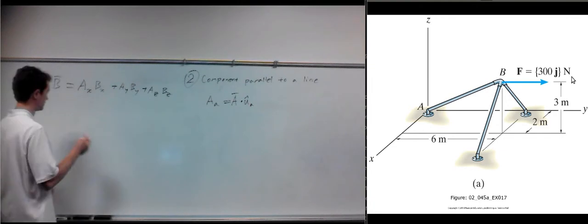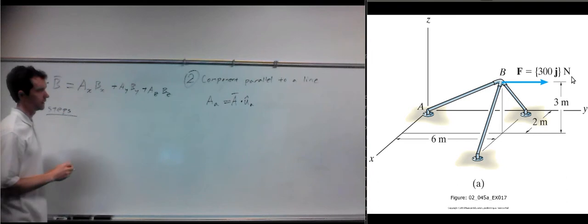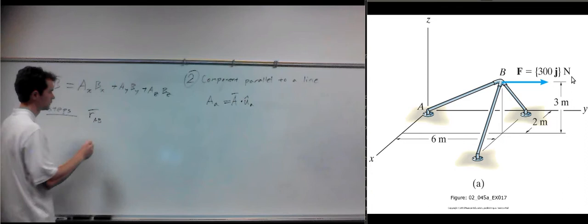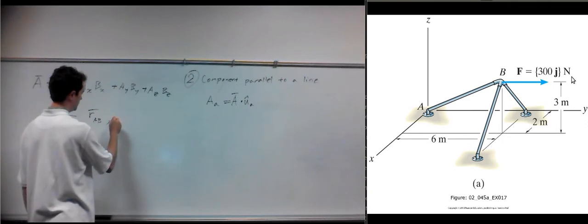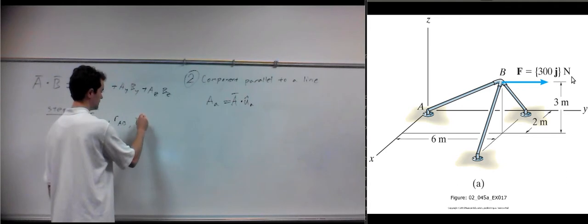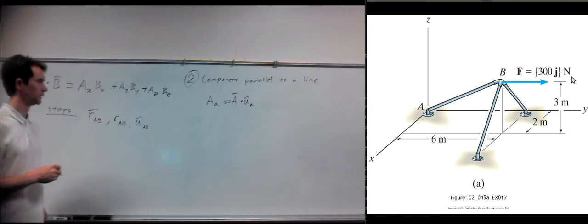So we need to get the position vector from A to B, and then the distance from A to B, and that will give us the direction vector, the direction from A to B.